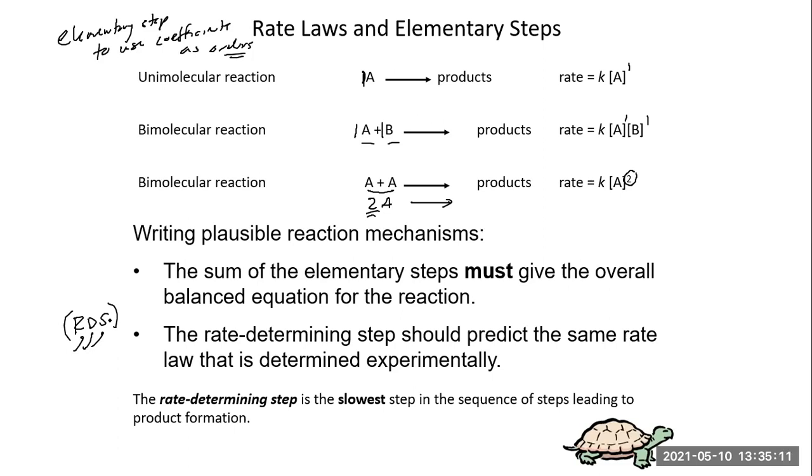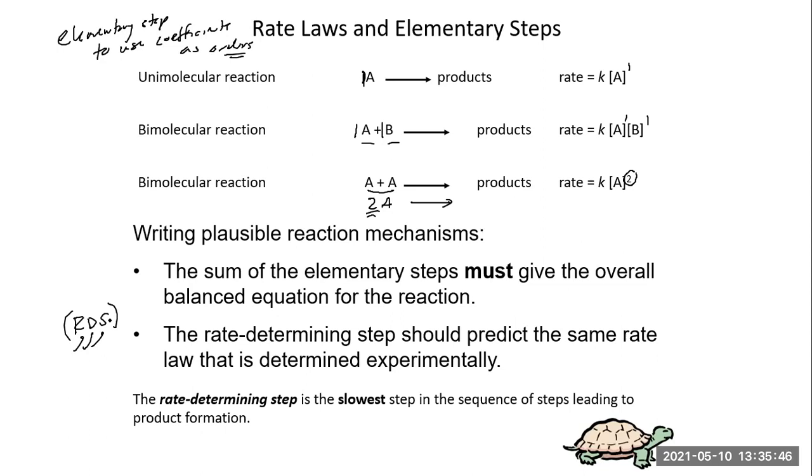Again, in a lot of mechanism problems, they will say the rate law was found experimentally to be this. When you go through your mechanism, you can mathematically determine what the rate law should be based on the mechanism. What you should find is that the rate law for the slow step, which is the rate determining step, matches exactly the rate law found experimentally in order for this mechanism to be considered a good mechanism.